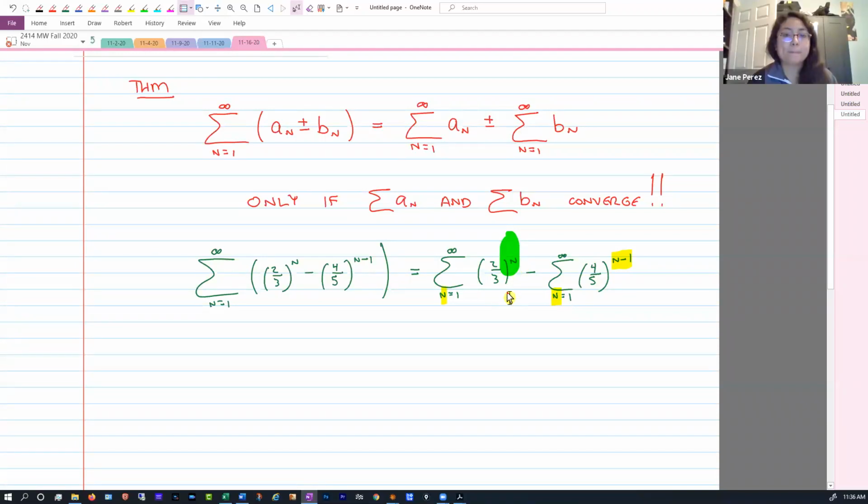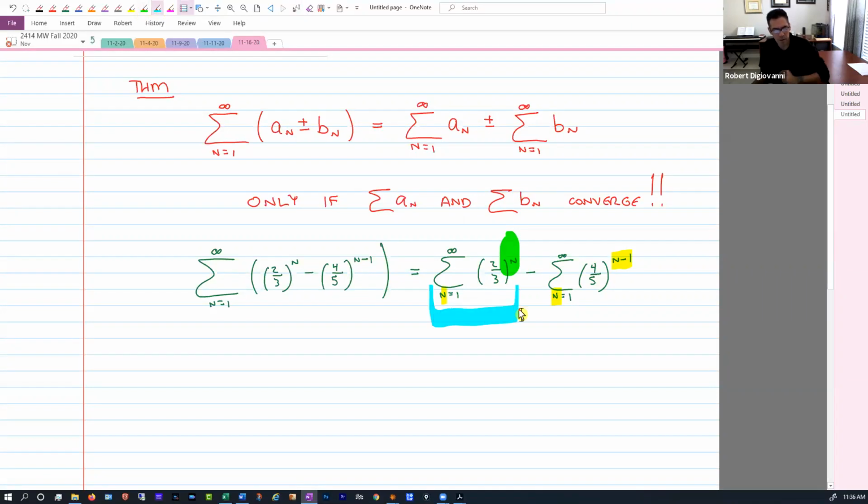Would that converge, Jane, or not? Would this first one converge or diverge? Do you know what the r is? Do you know the thing that's being raised to the power? I would say 2/3, right? Is that smaller than 1?